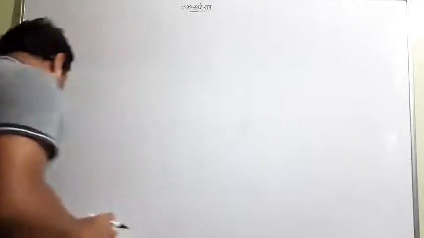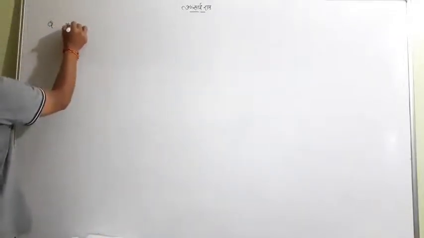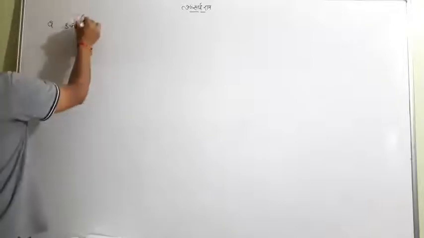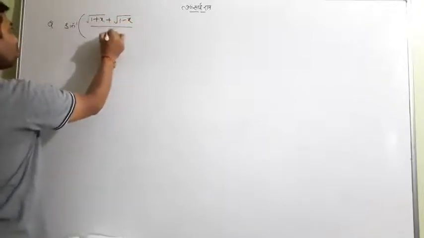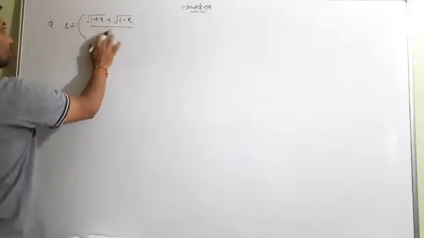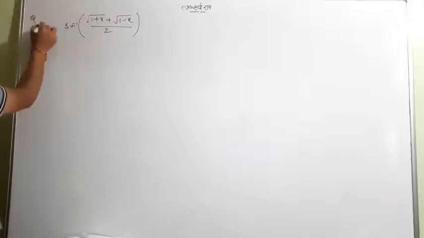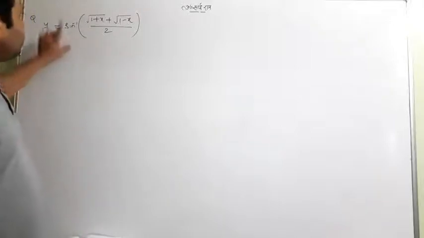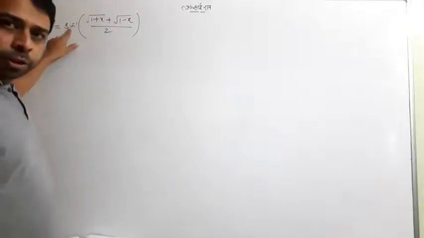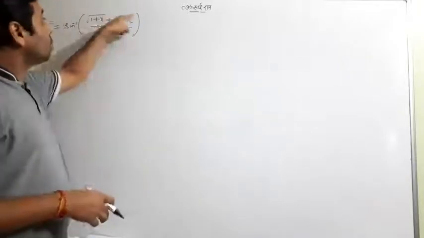Okay, now I searched one more question, which again looks very important. Sin inverse of root of 1 plus x upon 1 minus x, upon 2. This is the question, and you can write y equal to. Now this is an inverse trigonometric function, so it requires some substitution. But the root sign is coming.